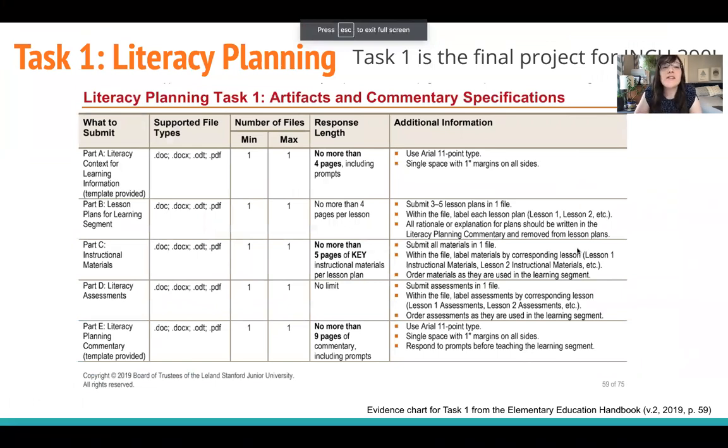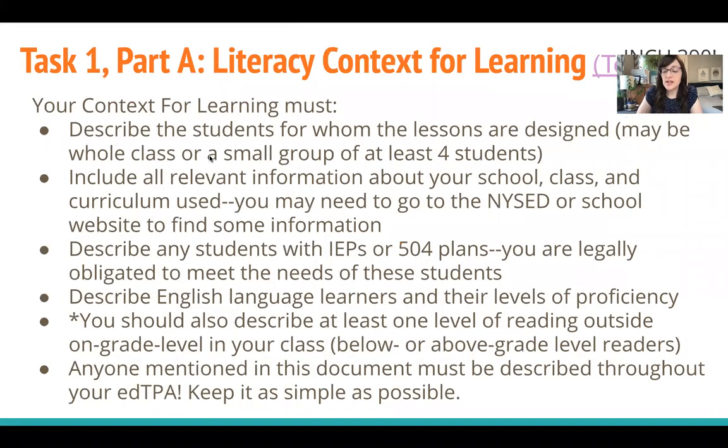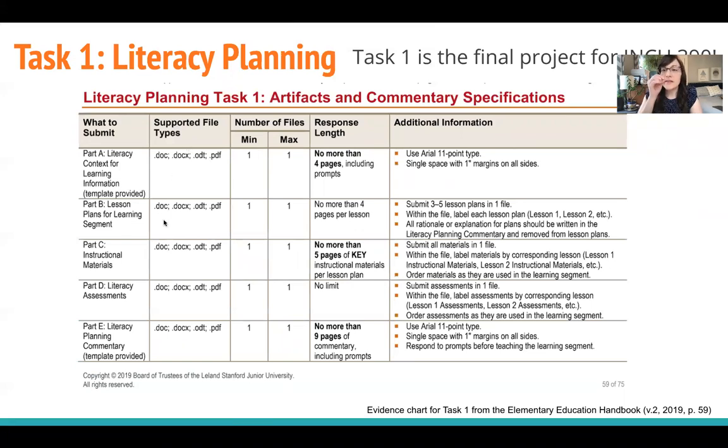And the edTPA is very, very picky about how things get submitted. They have specific file types. So you'll see in the Inch 390 class, we have been using Google Docs, and you might be working on Google Docs for student teaching. But Google Docs is not a choice on this list, so you've got to turn everything either into a Word doc or into a PDF for your actual edTPA submission.